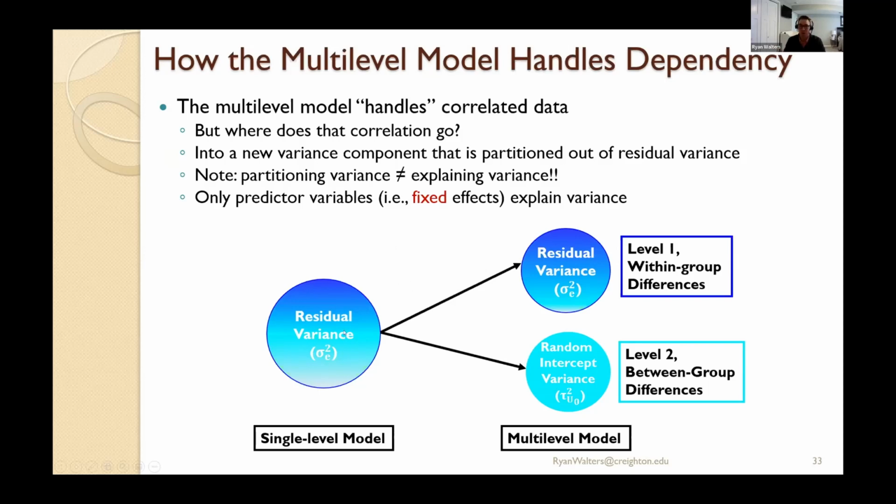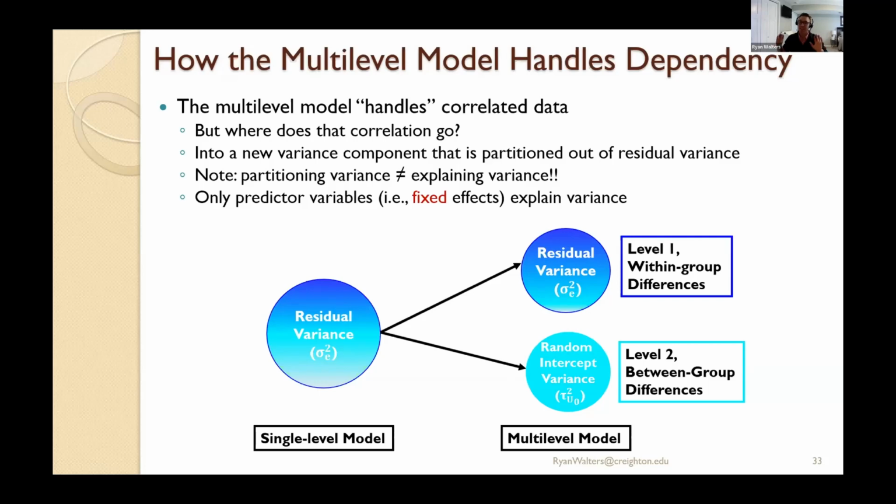What you are going to see in the code and the output from the software is that once we include a random intercept in the model, our residual variance is going to decrease. Critically important is that we are not explaining variance. Okay, we're just partitioning it, moving it someplace else in the model, but that variance as a sum is still there.